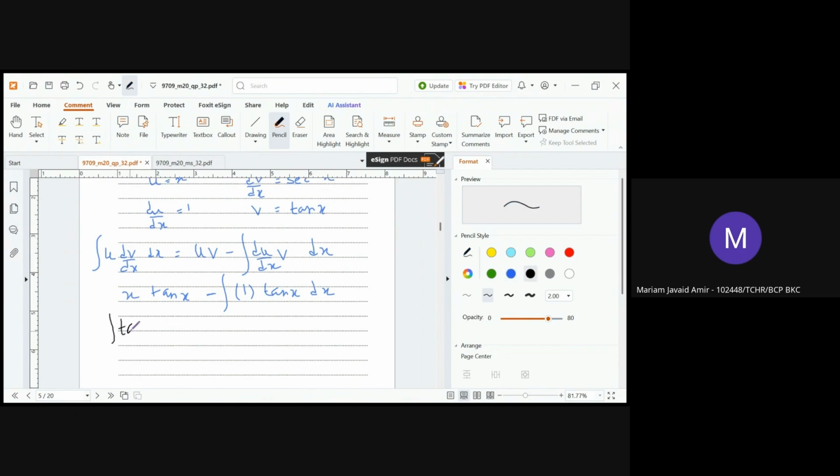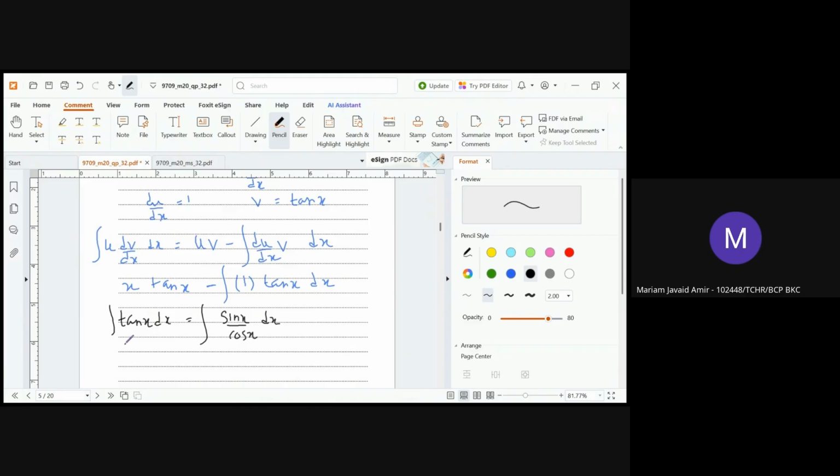Okay, now let's quickly recall how we integrate tan x. It cannot be integrated directly. However, we can write it as sin x over cos x. Now there's a rule in integration that if you have a function in the denominator and its derivative in the numerator, then it becomes ln f(x).